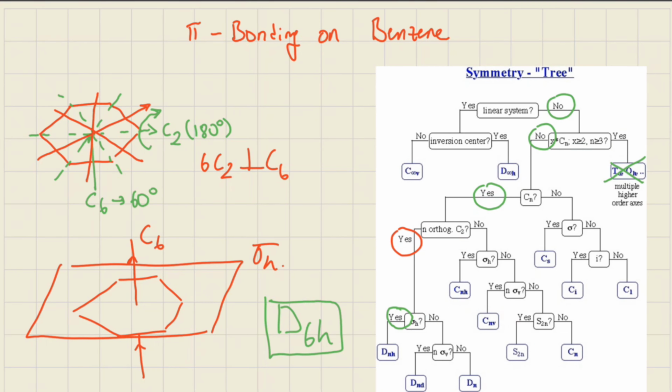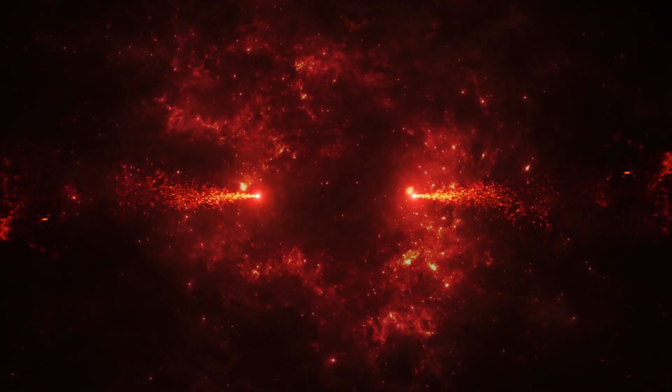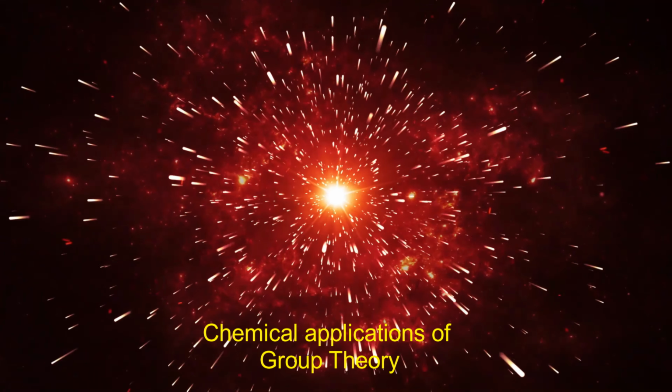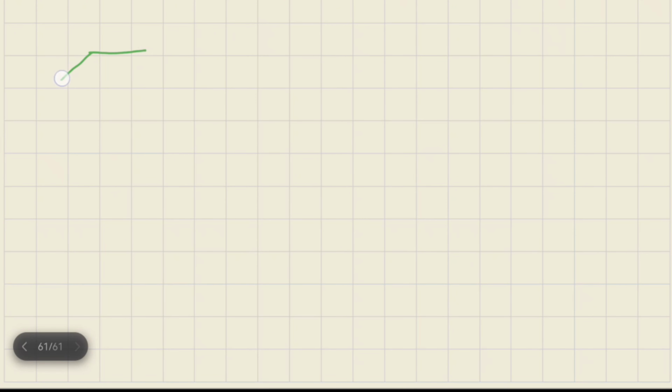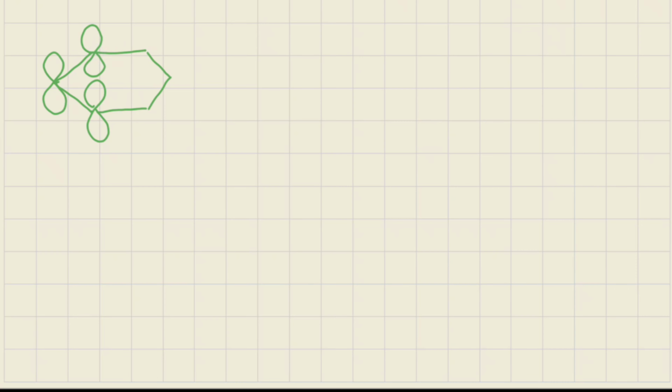So we know the point group, and we have pz orbitals in each carbon. And we also have phase.